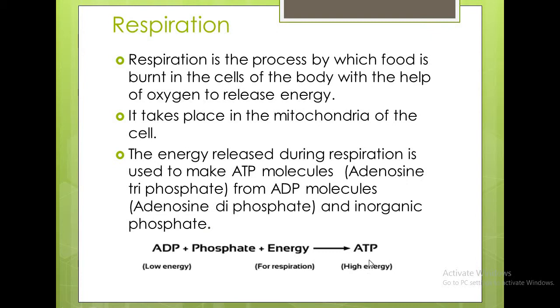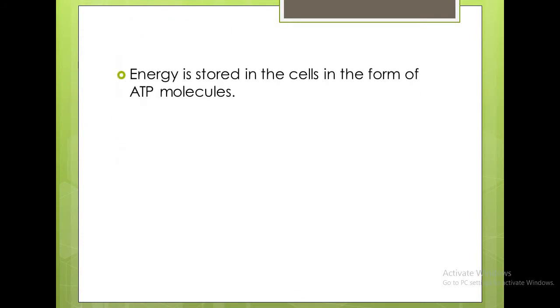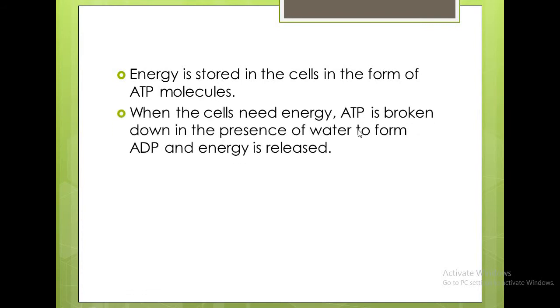This has a lot of energy in it. So the energy is stored in the cells in the form of ATP molecules, right? So how much energy we are getting from the food, and how much energy is utilized through respiration, everything is stored in the form of ATP molecules.